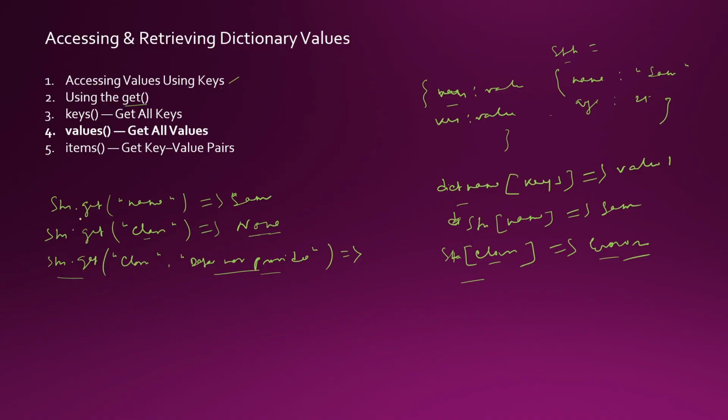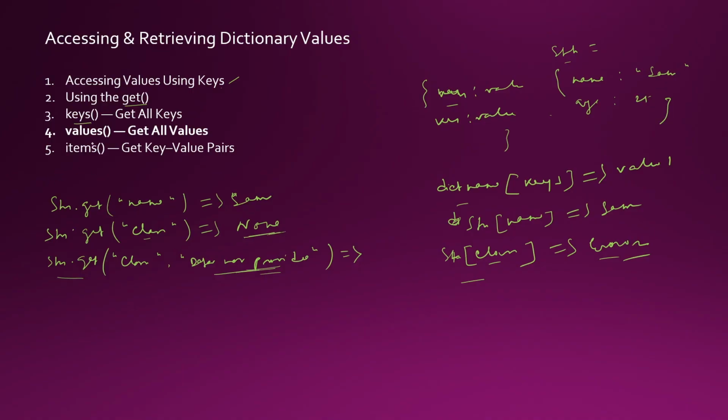That is why get is safer: if the key is not in my dictionary, it shows None by default, and if I want a customized value, I can mention that default value.